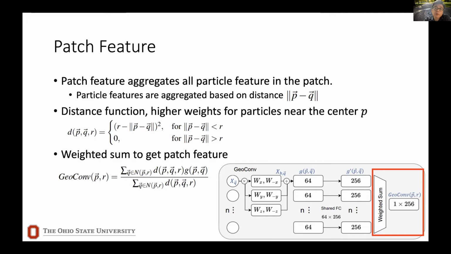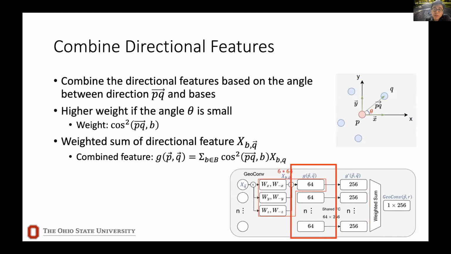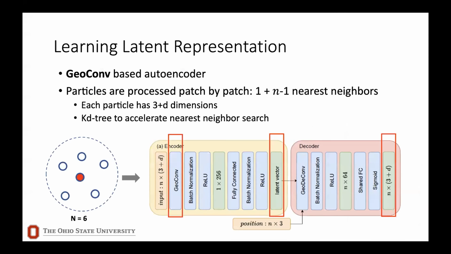I'm able to perform simple aggregation just along those 6 dimensions, so I'm still able to get a convolution result. But of course, I want to remind you that GeoConv is only one component. Then we go through the normal neural network, i.e. batch normalization, nonlinear function ReLU, and then fully connected layers, and so on and so forth.